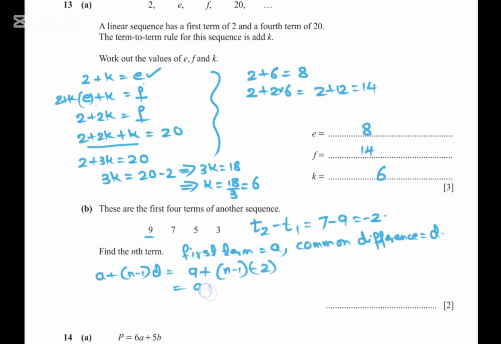So 9 plus n into minus 2 is minus 2n, and minus 1 into minus 2 is plus 2. Open the brackets: 9 minus 2n plus 2. The 9 and 2 are constants, so 11 minus 2n. This is the nth term for the sequence.